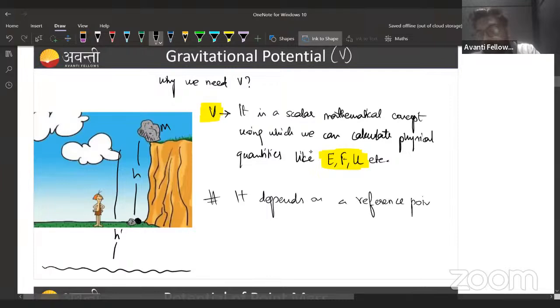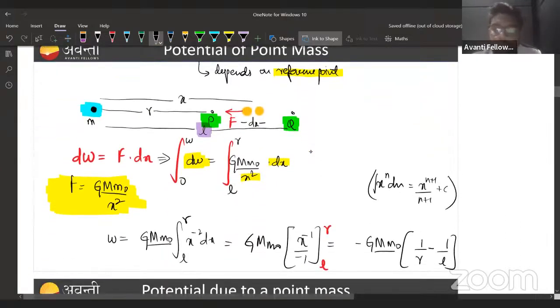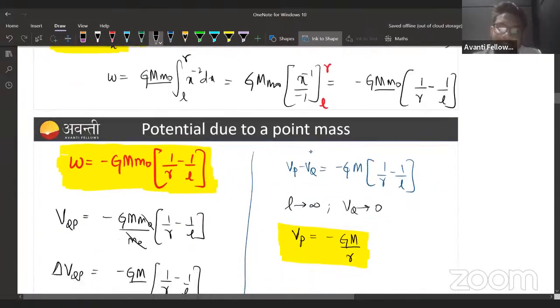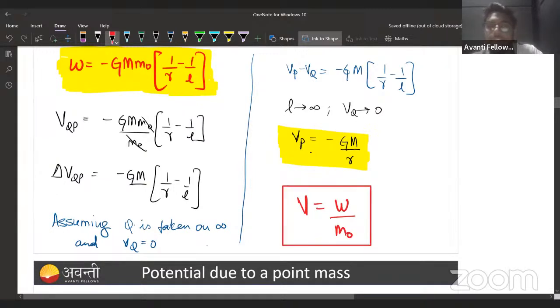Then we calculated this potential. And what is potential defined as? Potential is defined as work done in moving from one point to another divided by unit mass. This is important, right? This is the definition of potential.